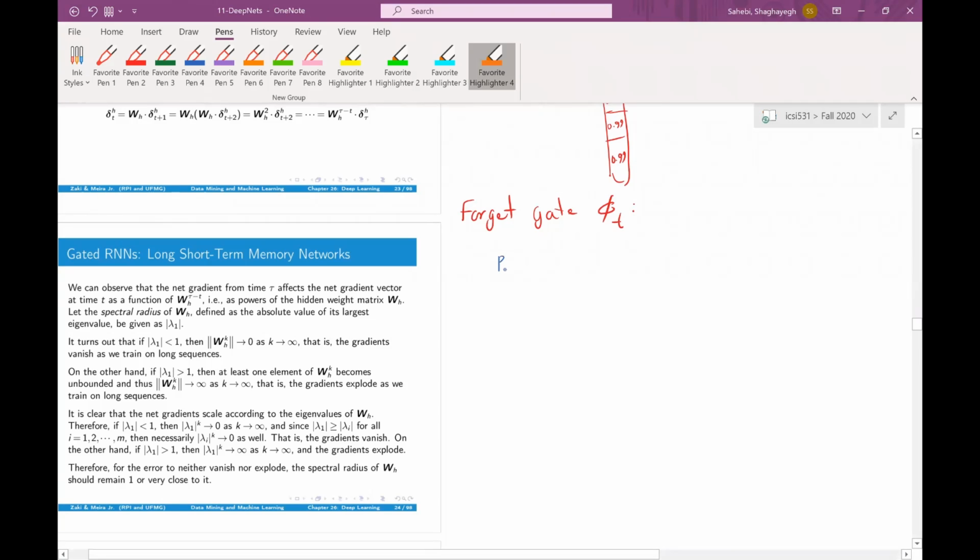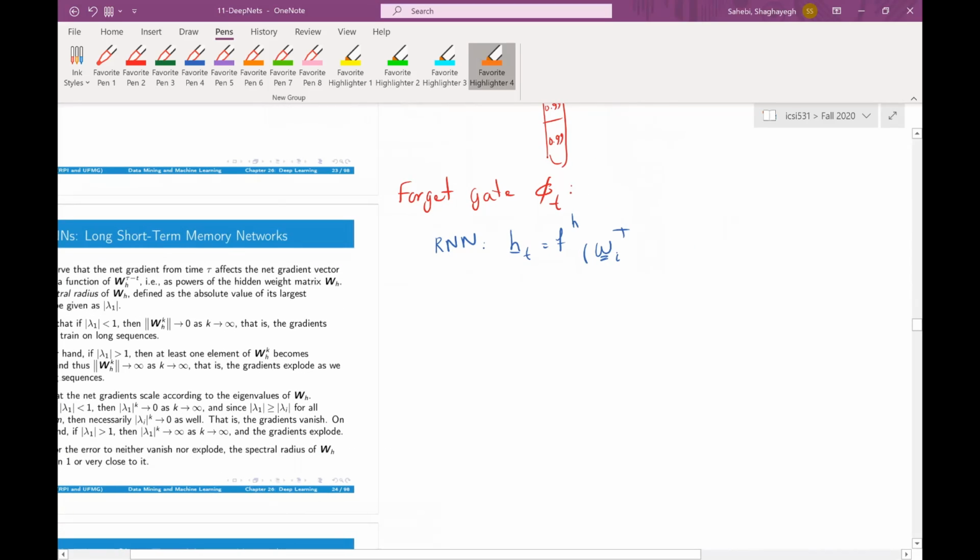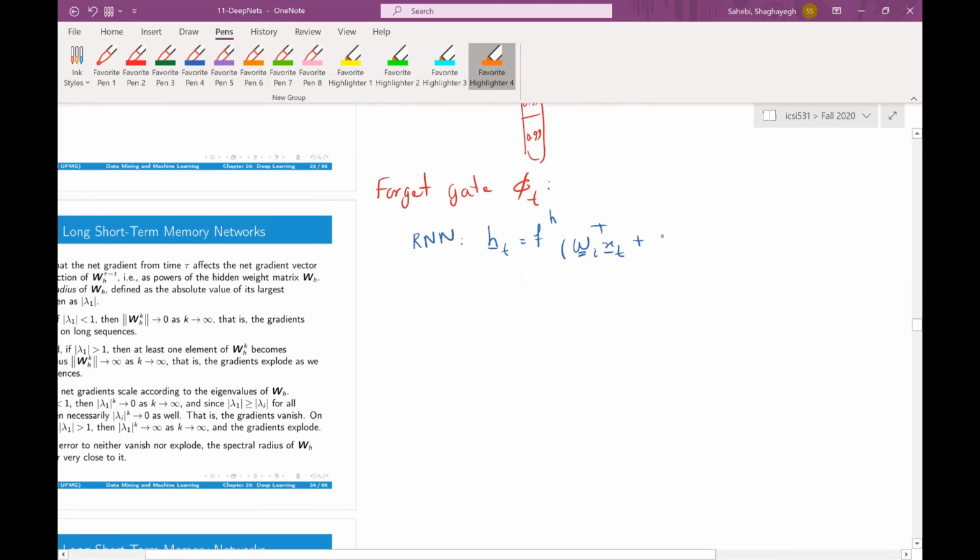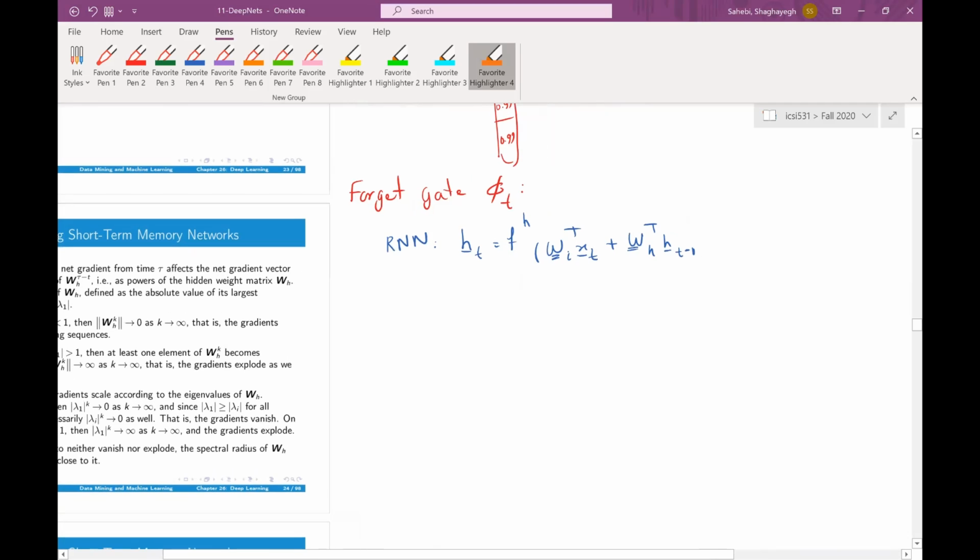You remember that in basic RNN, what we had was h_t or z_t is f_h, the activation function, over W_I transpose x_t, so this is the input layer multiplied by W_I, plus W_H transpose h_{t-1}, the feedback that we are getting from the previous layer, plus b_h. That was the feed forward that we had for basic RNN.